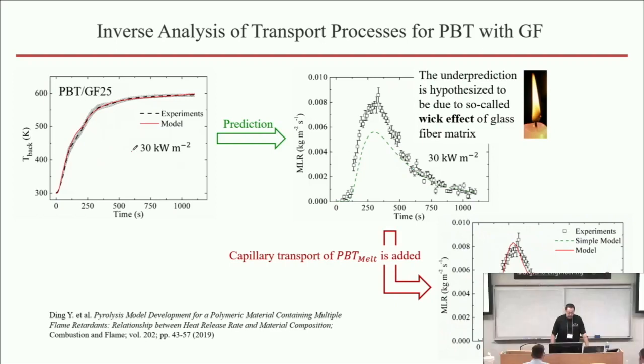Okay, so the question is whether a model like this can be applied to smoldering combustion. And the answer in general is yes. It has all the components that you need to be able to simulate smoldering combustion. However, parameterization of smoldering combustion is a different problem, right?